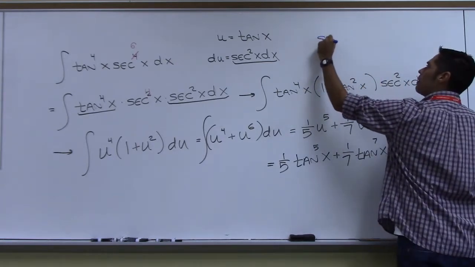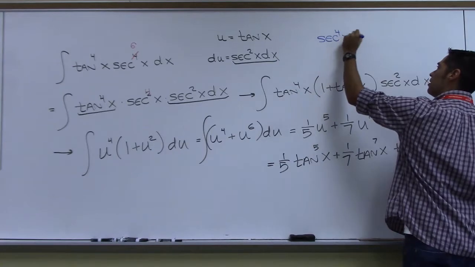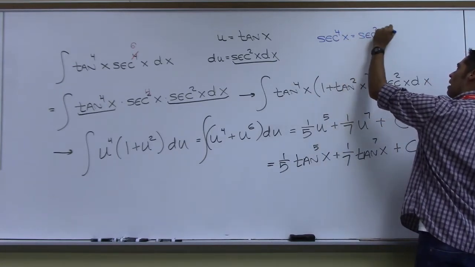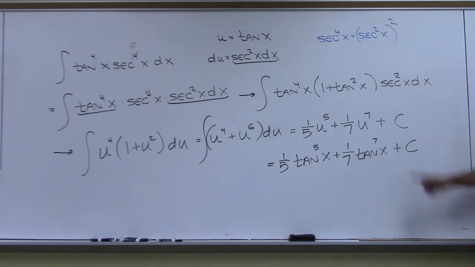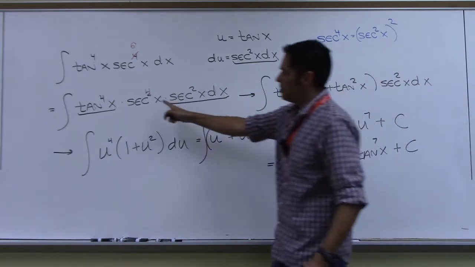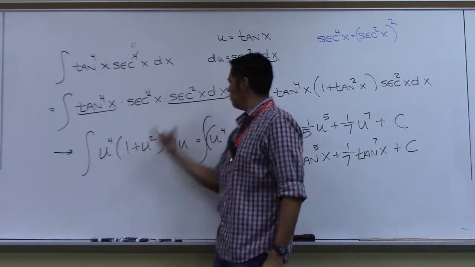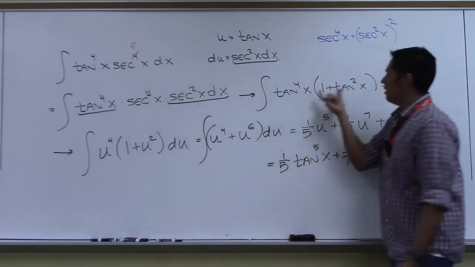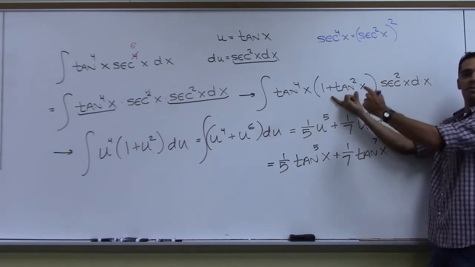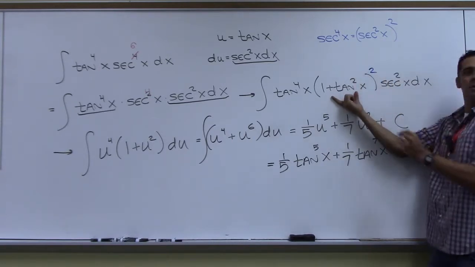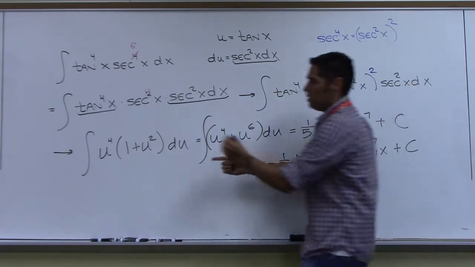Secant to the fourth x is secant squared x squared, right? So I would be able to rewrite this as secant squared. Where is it? I erased. Oh, here we go. This right here is secant squared, isn't it? But then I would have to square it here. And then that would change this to what?